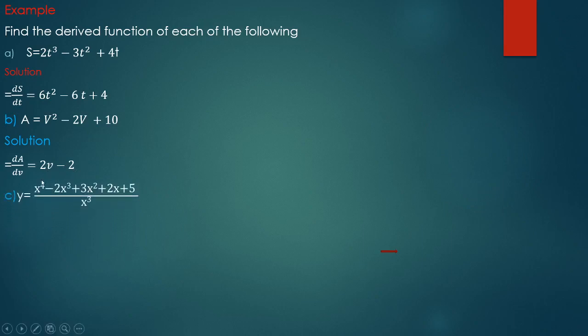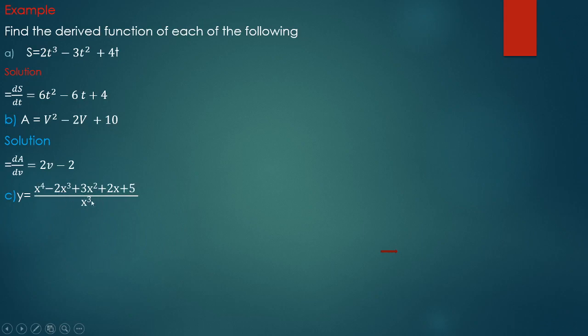If you have a question like this one, y equals x power 4 minus 2x cubed plus 3x squared plus 2x plus 5 all over x cubed. Now we want to differentiate this. We want to find the derivative of this.